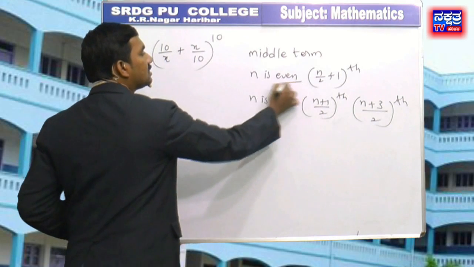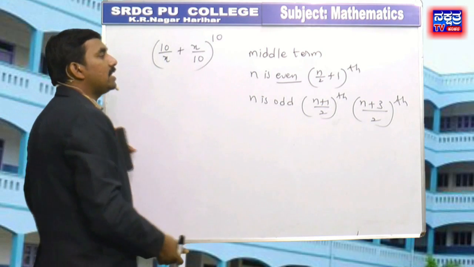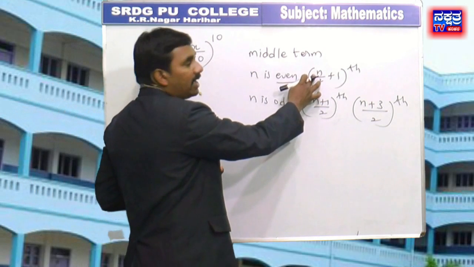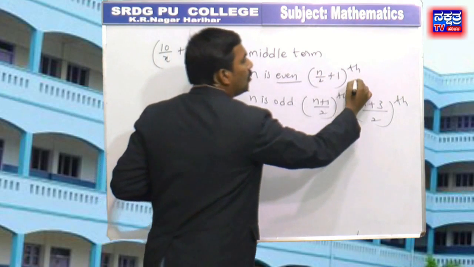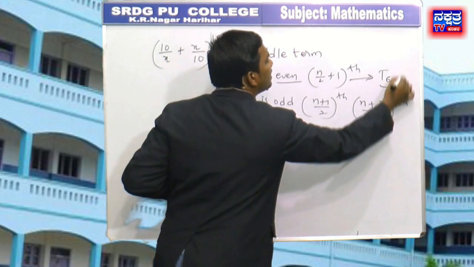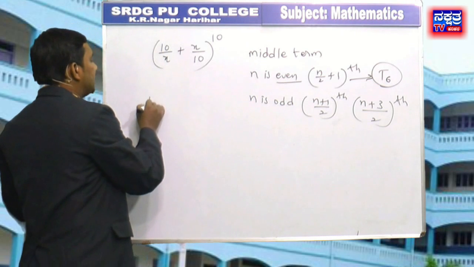So what is the case here? We have the even case because n equal to 10. Even case means, in place of n, if you take 10 by 2, 5, 5 plus 1, 6. So what answer will you get? T6 is the middle term. So what is T6?